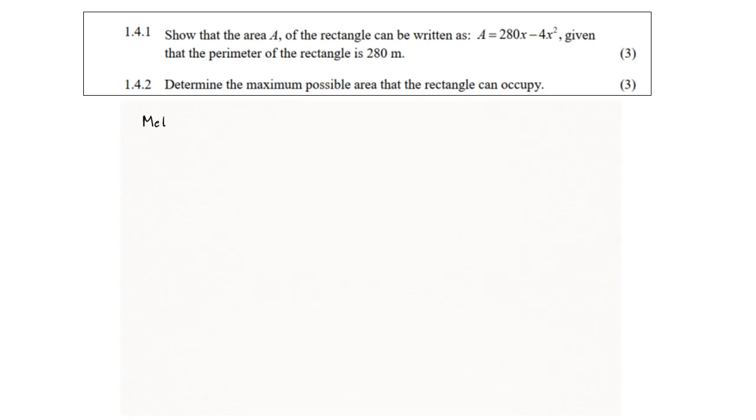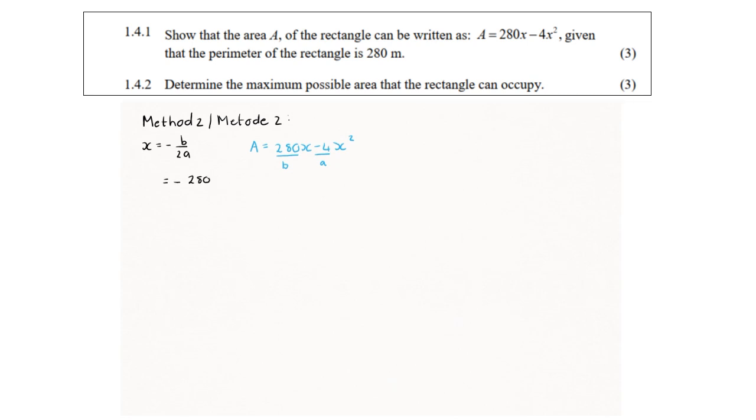For the second method, we can use the formula for the symmetry axis of a parabola and first determine the x-coordinate of the maximum point. The equation is x equals minus b over 2a, and if you look at the expression of the area, a is the coefficient of x squared, that's negative 4, and b is the coefficient of x, and that's 280.